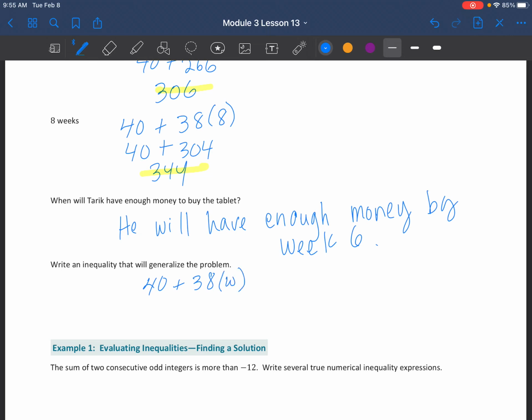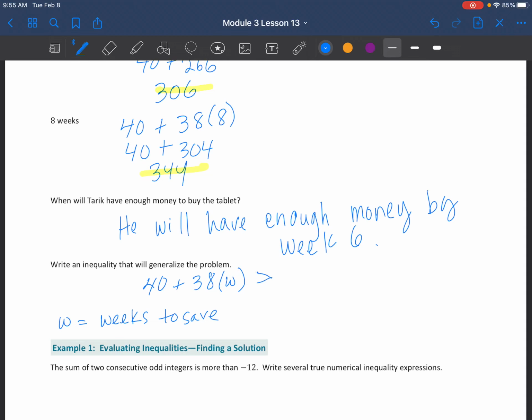So basically what we just did was we said, okay, he already has $40. We know that he can save 38 a week, but this time instead of putting an actual number in there, we're going to put a variable and we're going to use W for weeks to save, okay?